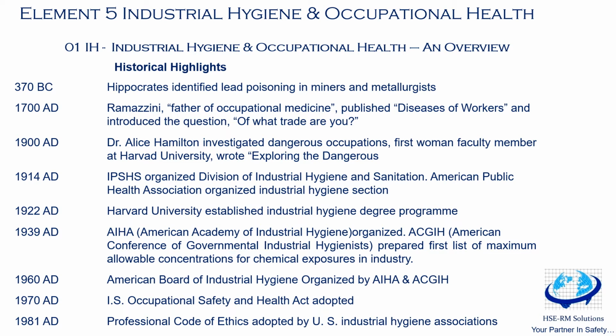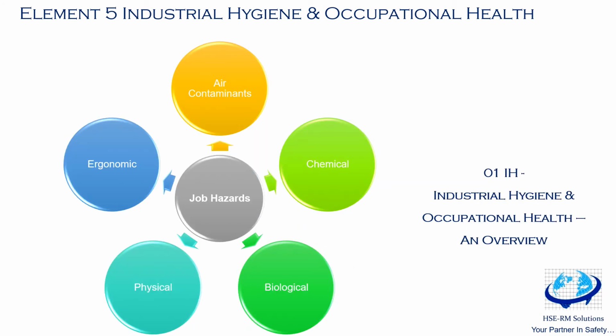Now let us try and understand some facts related to the practicality and aspects of industrial hygiene. We will be discussing job hazards, limiting it to very crisp and brief aspects.